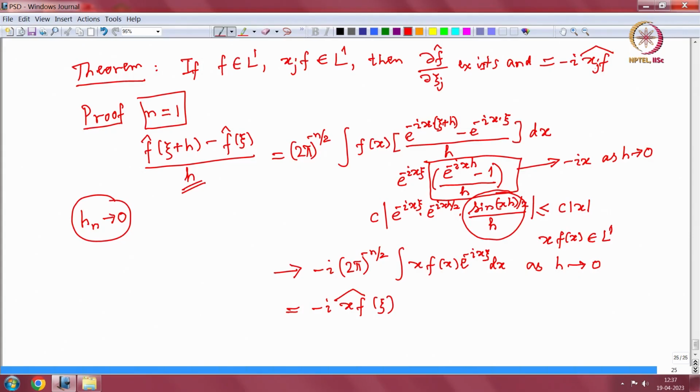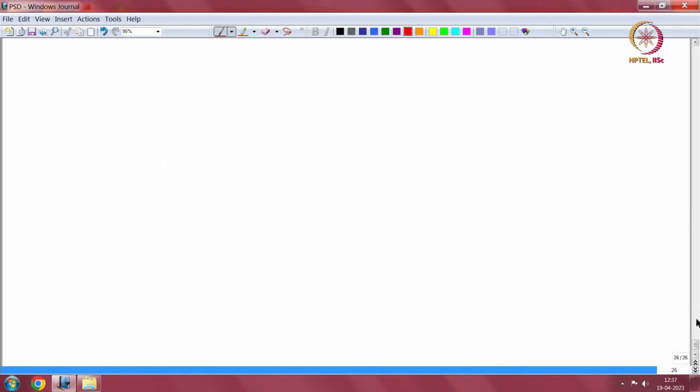So, this is for the multiplication of the function f by a polynomial, so to speak. What if f is differentiable and also that derivative is in L1? That is the next result.